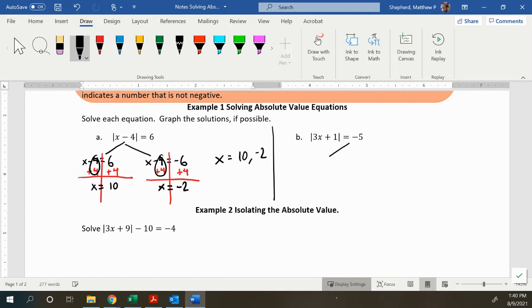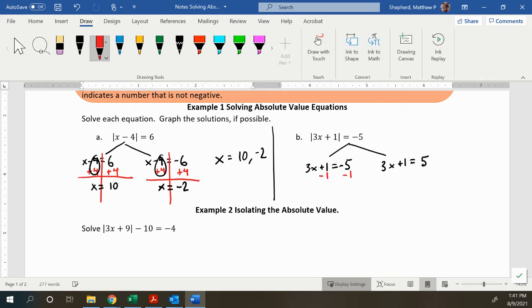All right, once again, separate it out into two. 3x plus 1 will equal the negative 5, I've left it unchanged, and 3x plus 1 is equal to positive 5. Now I've changed the sign on that constant. So now we begin the solving process.